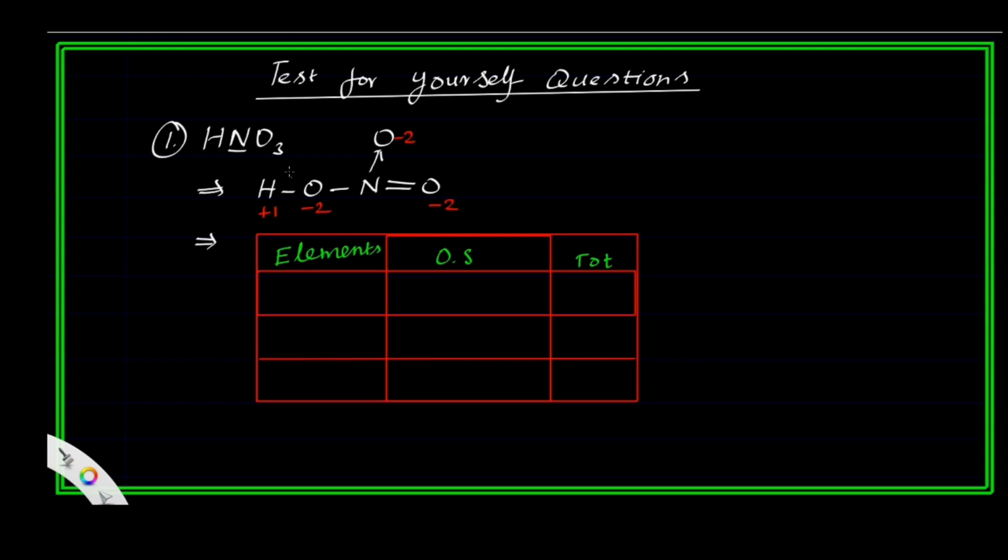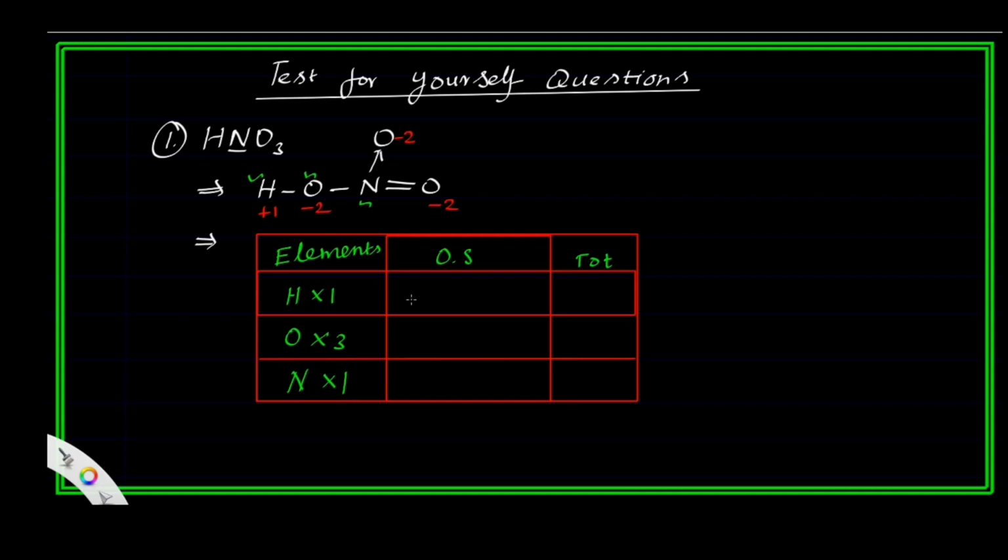There are 3 types of atoms, so hydrogen into 1 because 1 hydrogen is present, and 3 oxygens present, so oxygen into 3, and the subjected atom nitrogen is also present one time.